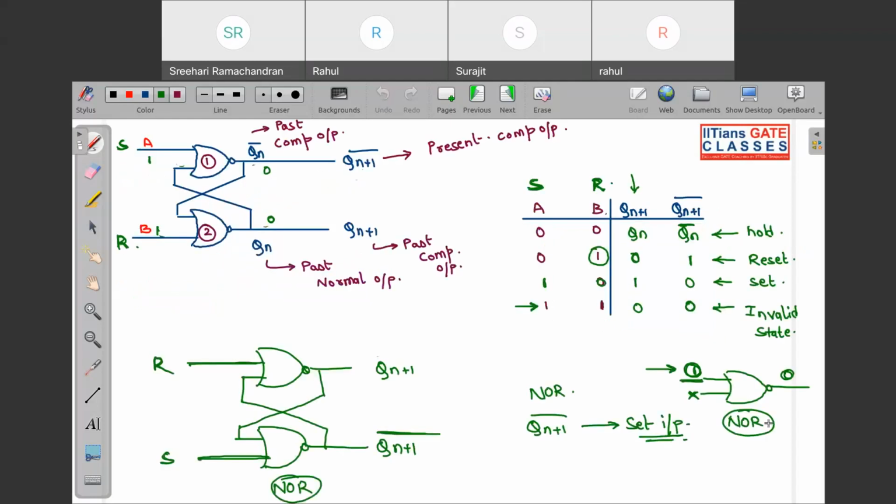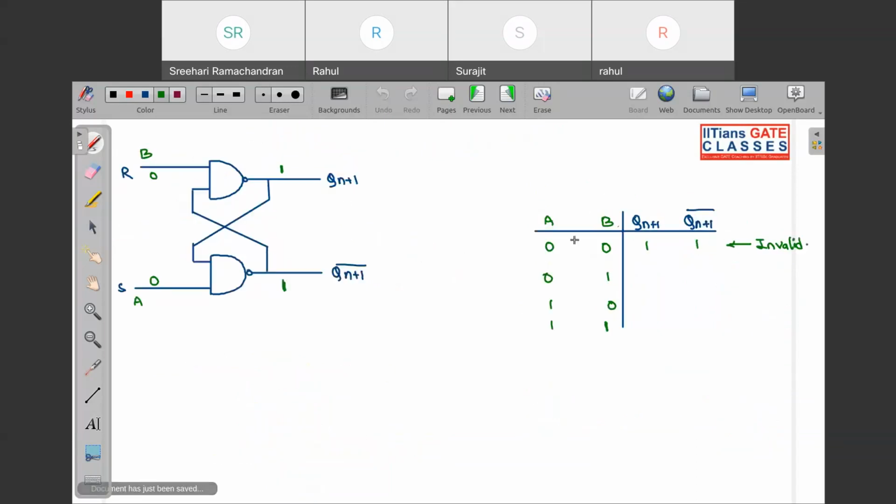In NOR, I told you 1 has more priority, because input 1 means you are giving input. In a NAND gate, 0 means you are giving input. Even if you don't want to understand this, you can still solve questions. This is a higher level concept: in a NAND latch, giving 0 means you are giving input.